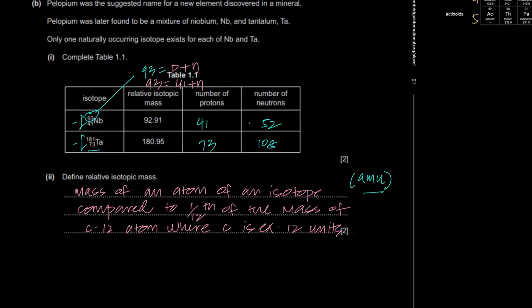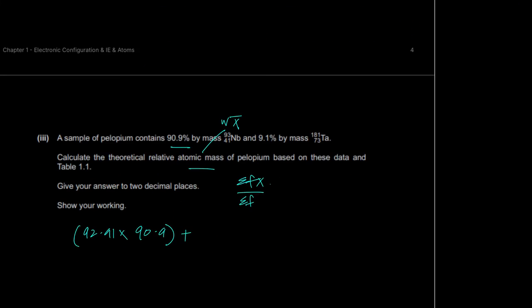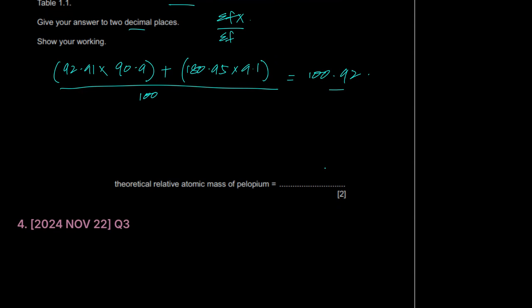So Ta is 180.95 multiplied by the abundance, which is 9.1, divided by the total abundance, which is 100, because 90.9 plus 9.1 gives you 100. What does that value give me? If you calculate it with your calculator and give it correct to 2 dp, it's 100.92. That's the answer. So I write 100.92.